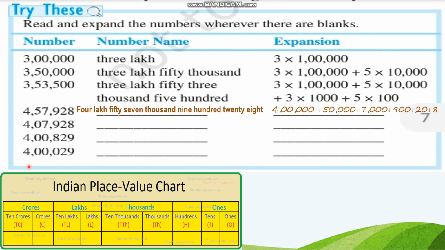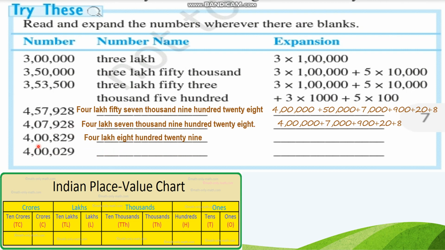Okay. Now the next is 4 lakh 7,928. And the expansion is 4 lakh plus, 10,000 place is 0, so no need, and 7,000 plus 900 plus 20 plus 8.